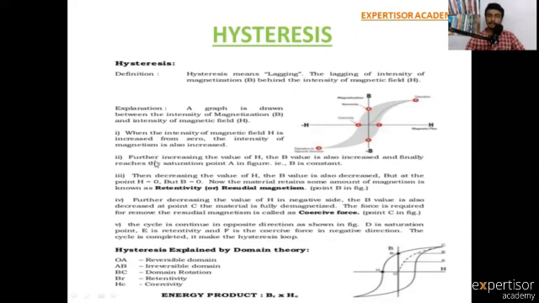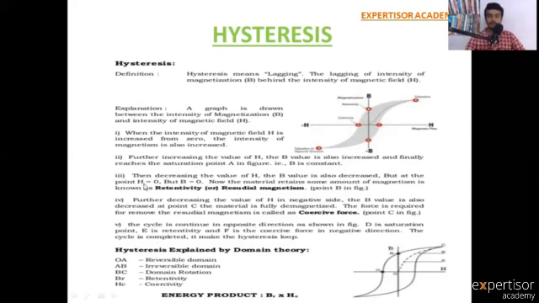Further increasing the value of H, the intensity of magnetic field, the B value is also increasing, and finally reaches the saturation point here in the figure, where B is constant. This is the saturation point, point A.